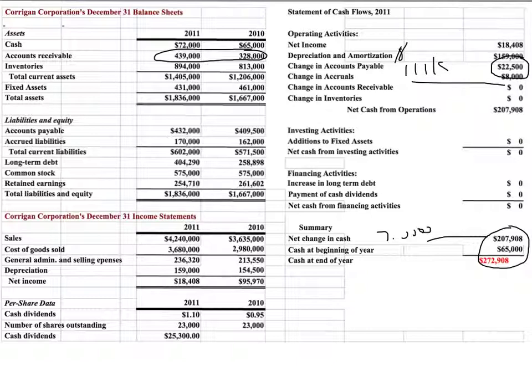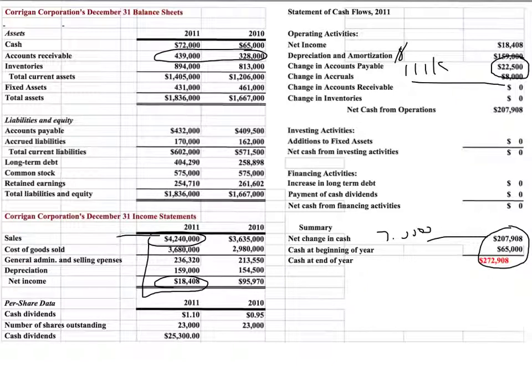The other way is very similar, and that is we have a sales number of 4240, but by running that through the income statement down through net income, that is done as if all the sales came in for cash, but of course they all didn't come in for cash.